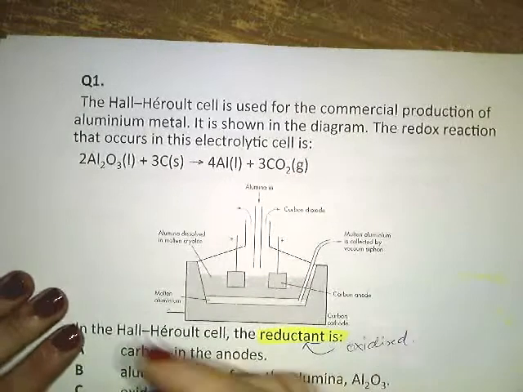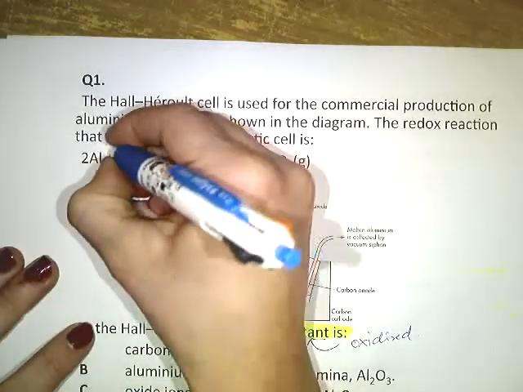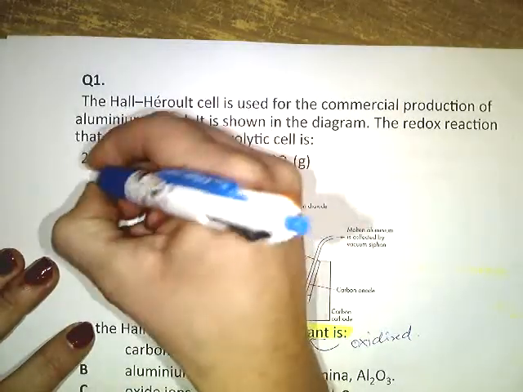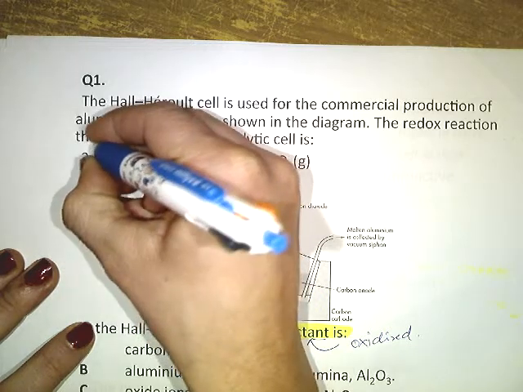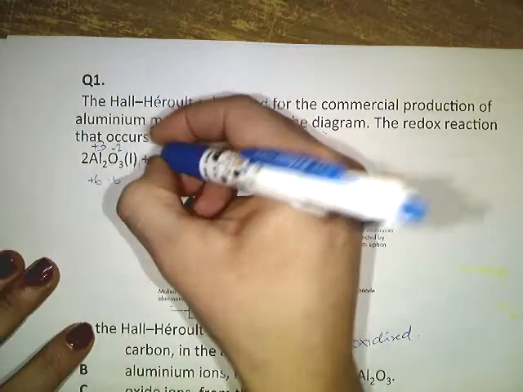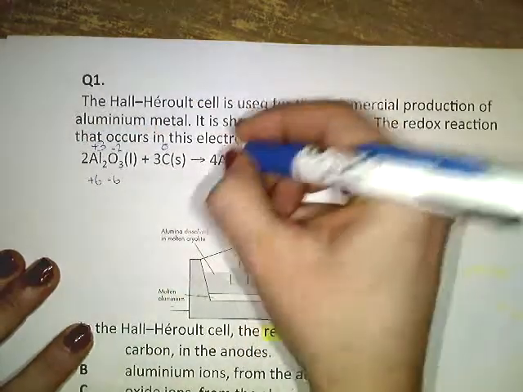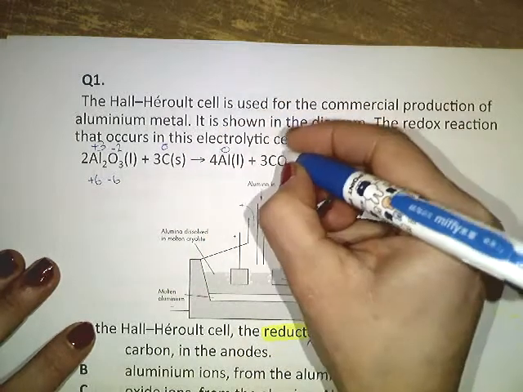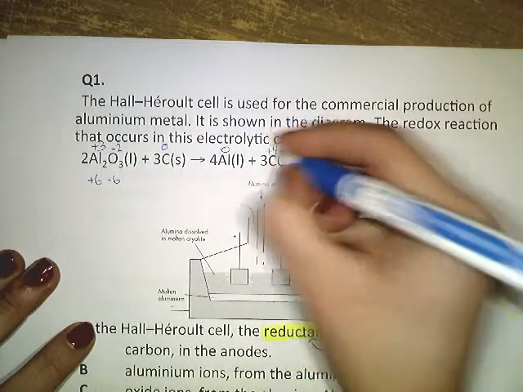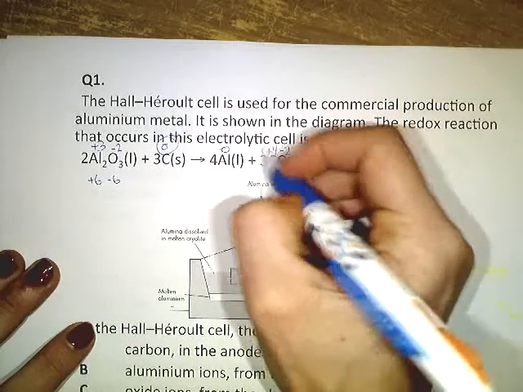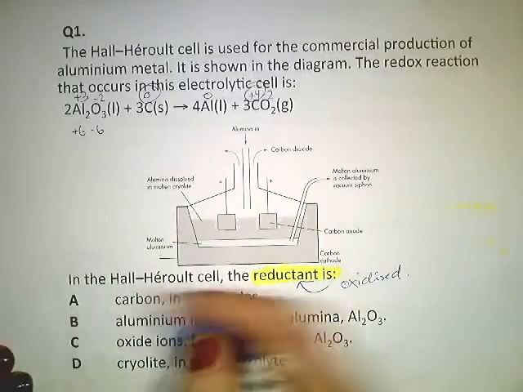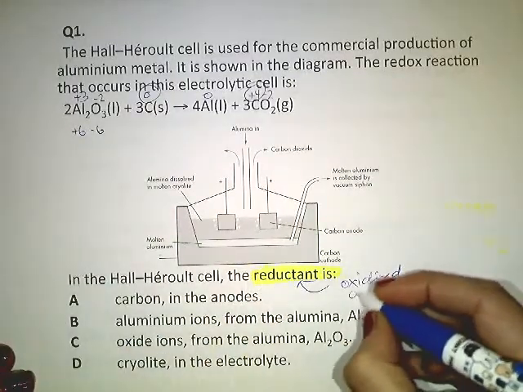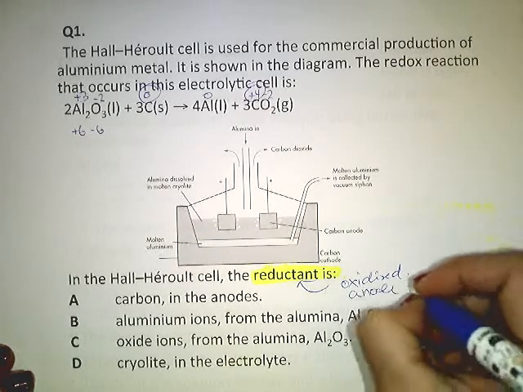So you can just use oxidation numbers for that. -2, -6, +6, +3 for aluminium, 0 for carbon, 0 for aluminium here, -2, so +4 for carbon, and carbon is oxidized. Where is it oxidized? Oxidation always occurs at the anode.